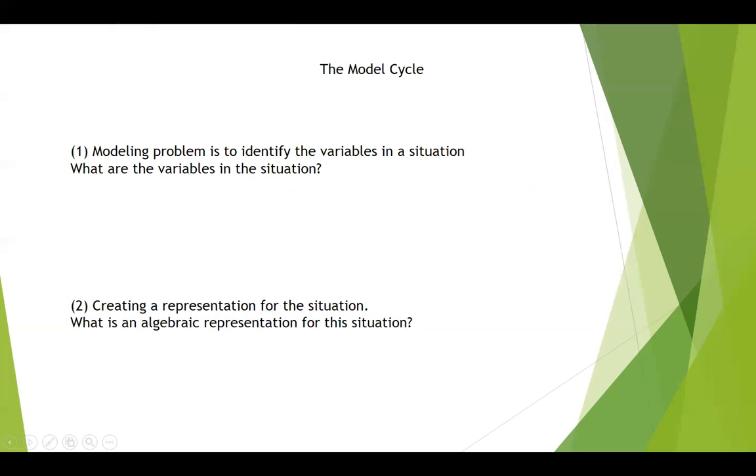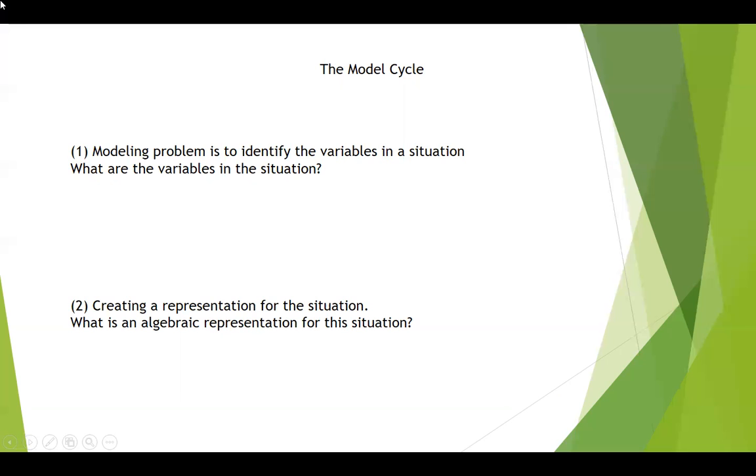It's very interesting. We start off with step one, modeling the problem to identify the variables in a situation. So the question I would ask is, what are the variables in this situation? Obviously, students are going to look at X and Y. X means input and Y means output.